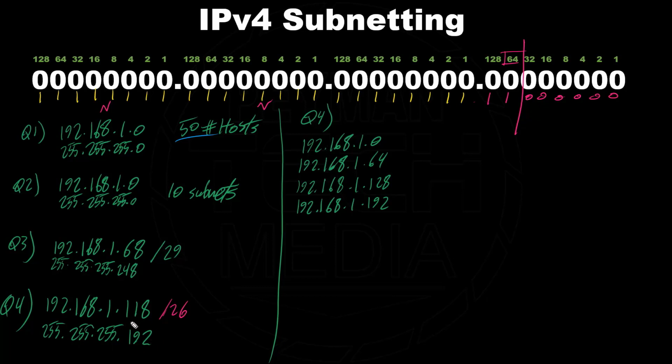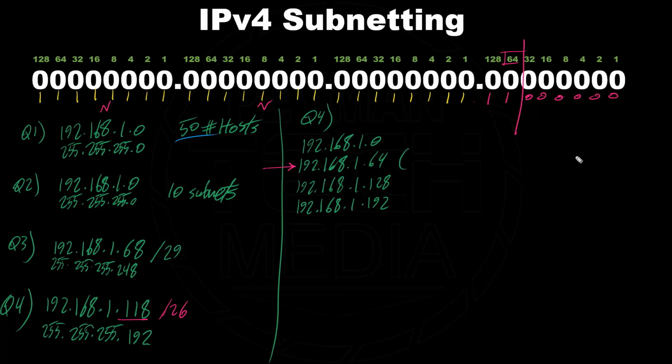And looking at this IP address, 192.168.1.118, let's see which subnet it falls into. 118 should be in the 64 subnet because 64 goes to 128, right? So 118 should be in this subnet.